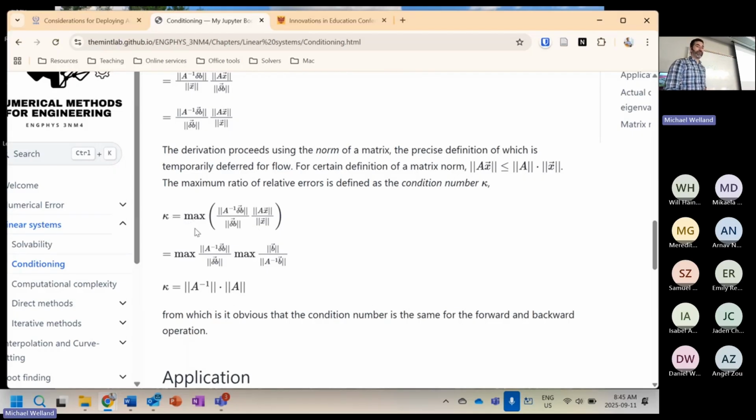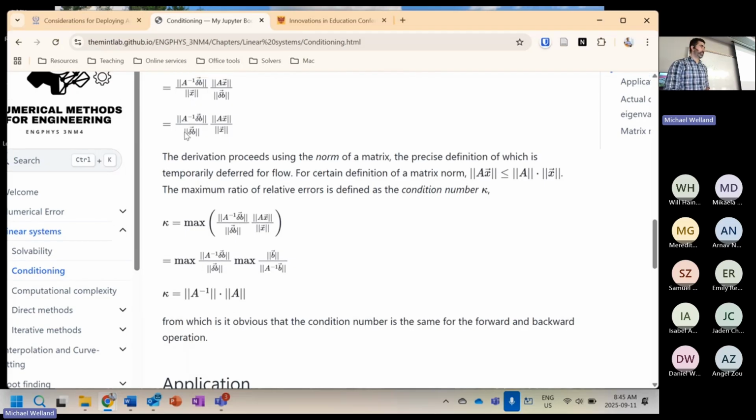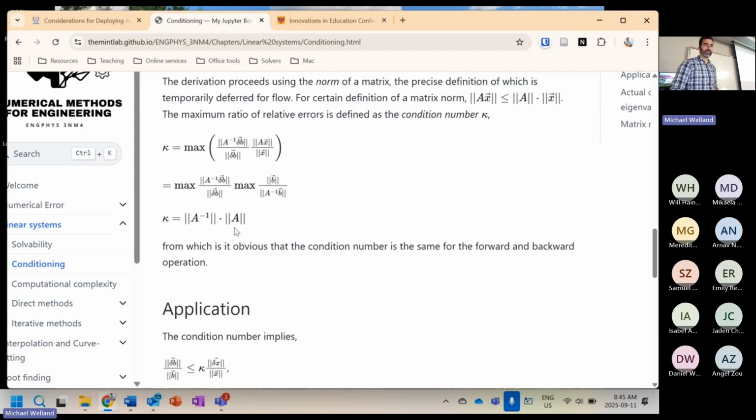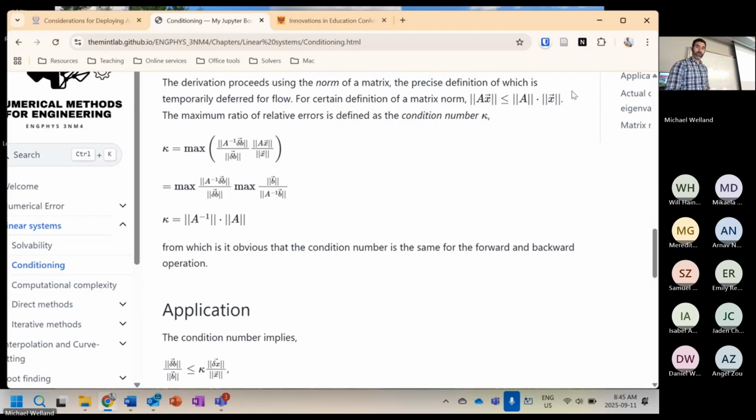We're going to define our condition number as the maximum of this, the max over these delta B's. The maximum over different combinations of delta B and X is the product of the maxima. If you don't believe me, think about that for a little while. And now, because of this nifty property, we can cancel out the norm of the vector.